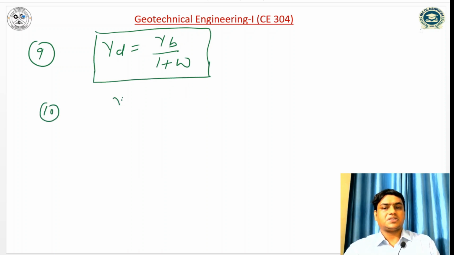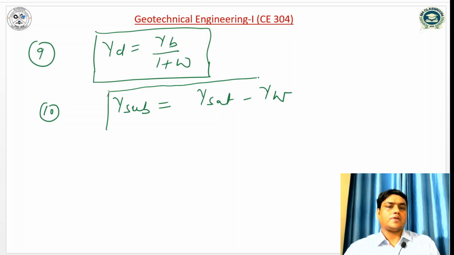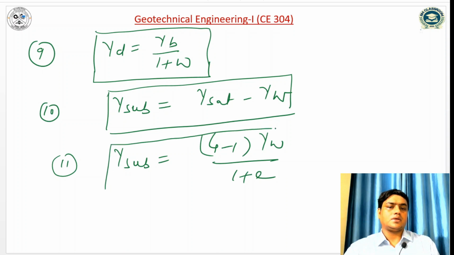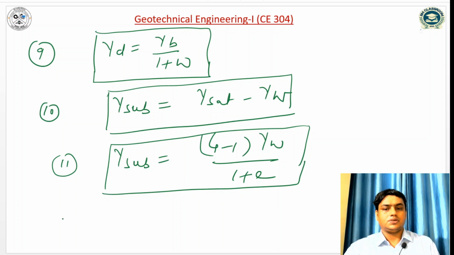Similarly, submerged density is equal to the difference of saturated density minus unit weight of water, or if I write in terms of G and E, submerged density is equal to G minus 1 into gamma W divided by 1 plus E. This is the expression of submerged density.